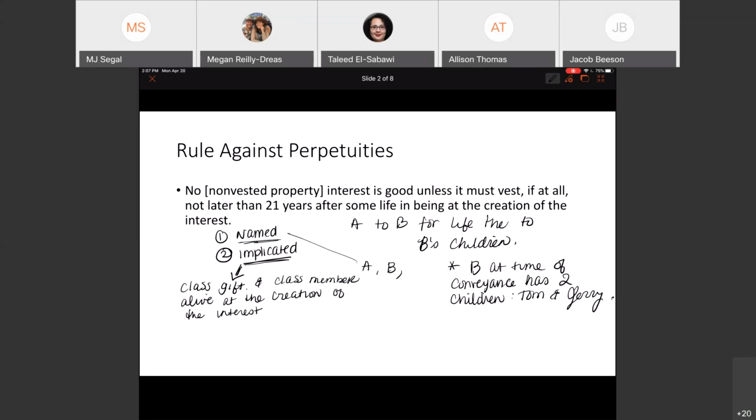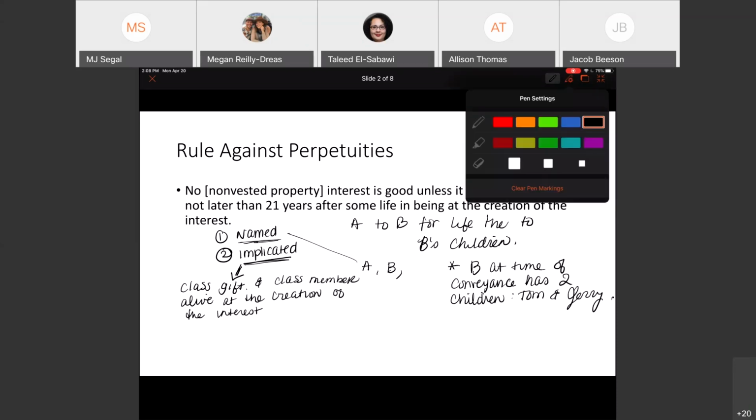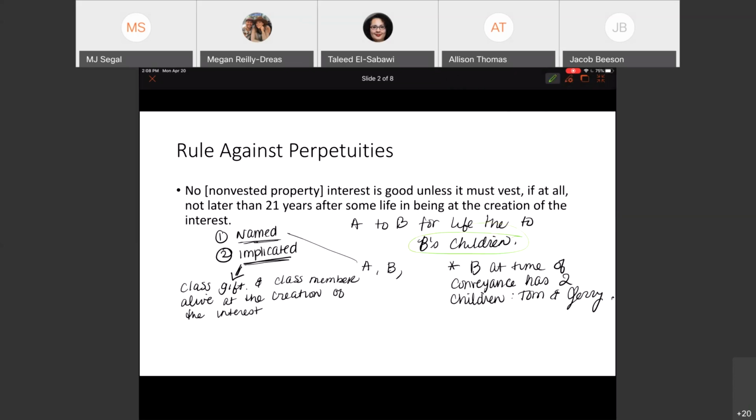So a class gift, this is a class gift. Remember, it's a gift to a category or a group. It doesn't have names. Class gift, and the class members that are alive at the conveyance are Tom and Jerry, so they are implicated. So then it would be A, B, Tom, and Jerry. These are the lives in being.